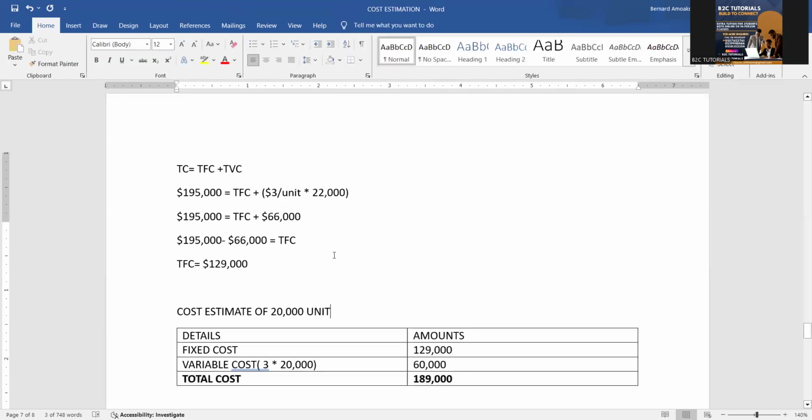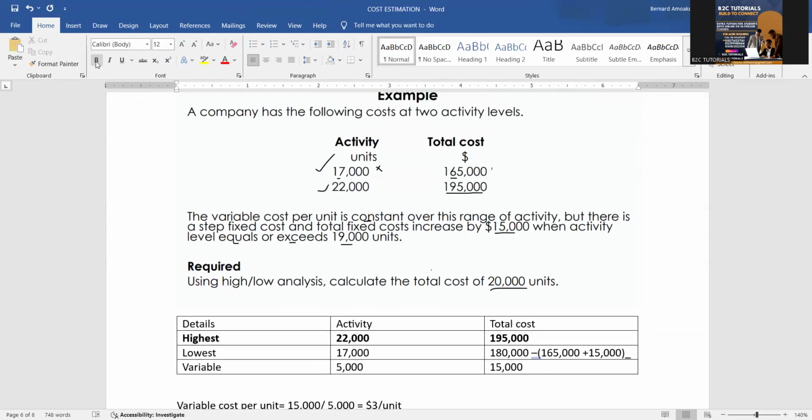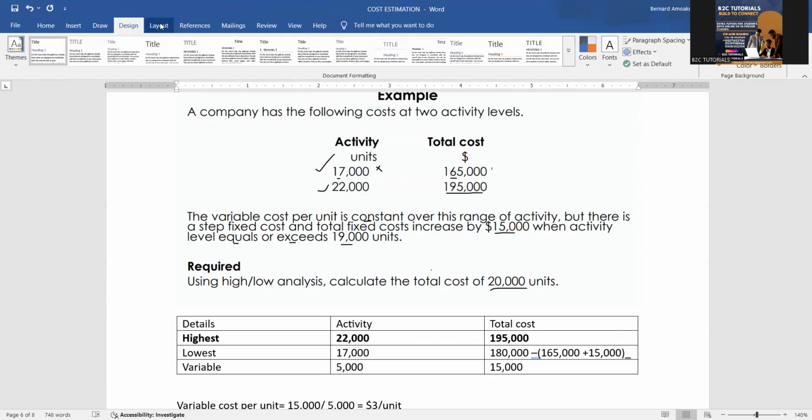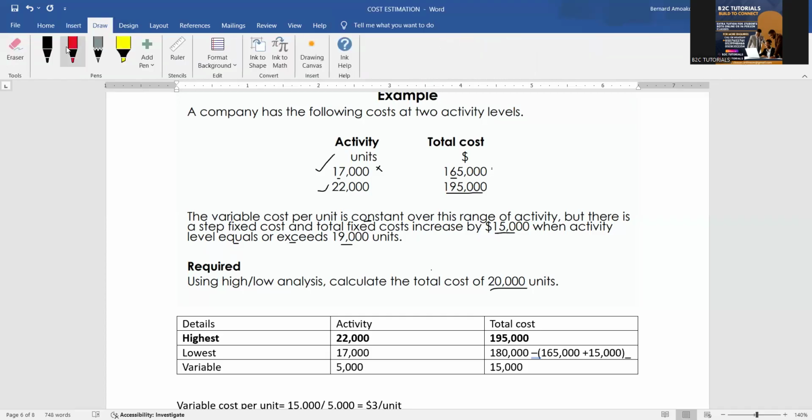Now, let's go back again and understand the fixed cost once more, and then we'll draw the curtain. What we are saying is that there's a change in fixed cost, which means that any activity which exceeds 19,000 would have already the 15,000 there. Which means that any activity that falls below 19,000 does not have it.